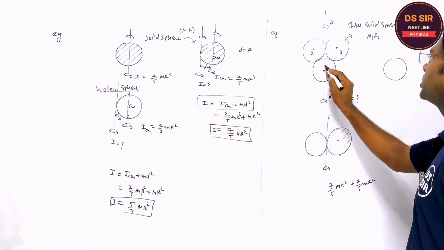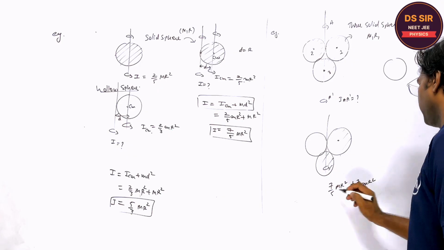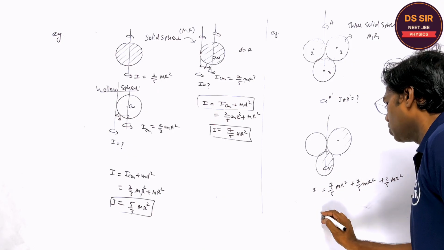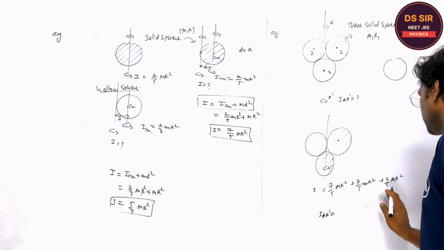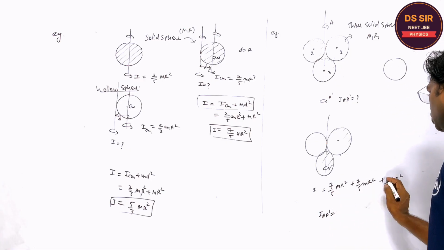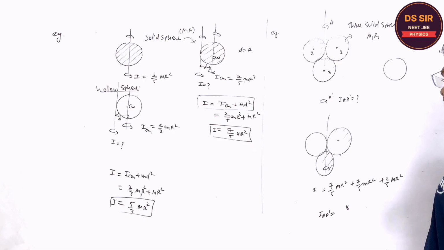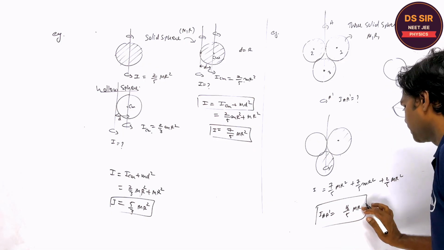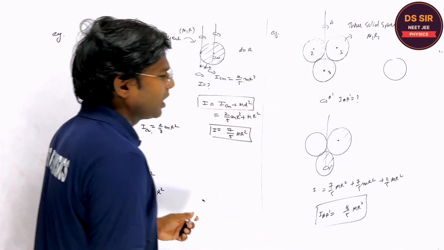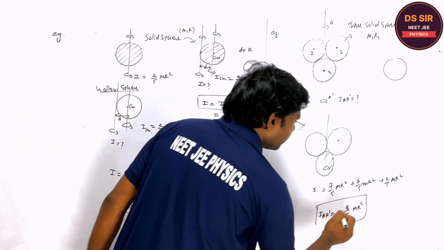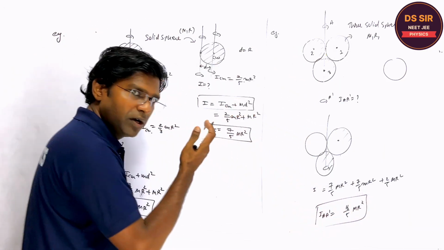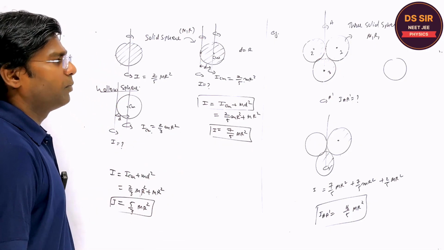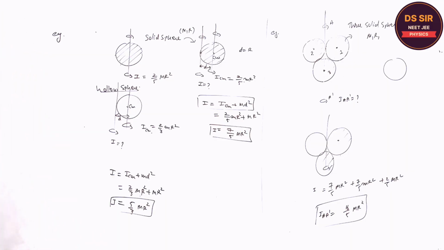But what about this one? For this, 2 by 5 MR square. So what is the answer? I is 16 by 5 MR square. Is it clear or not? This is the way to find the moment of inertia of different systems. One typical question may come from this. Copy this.